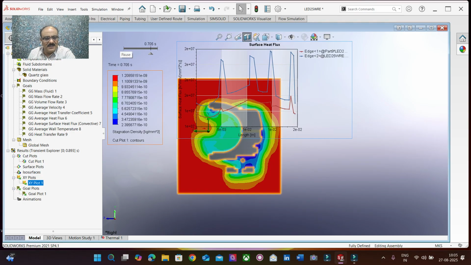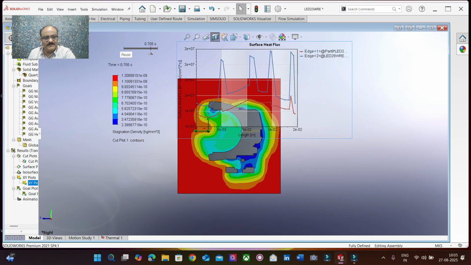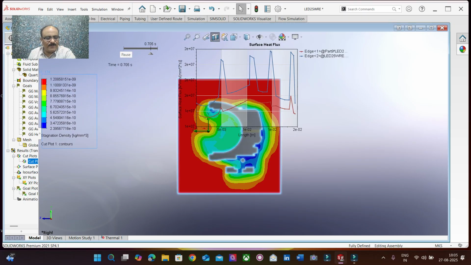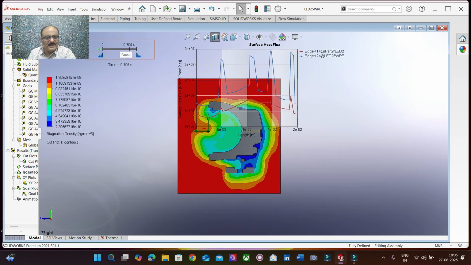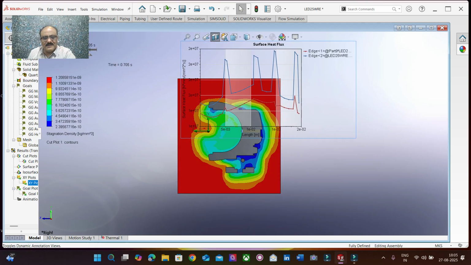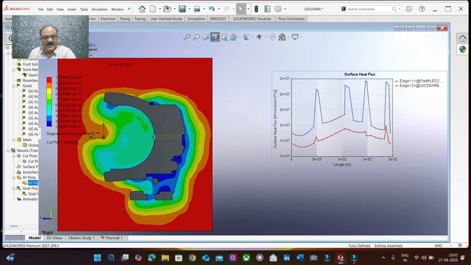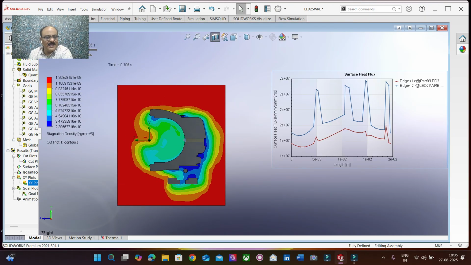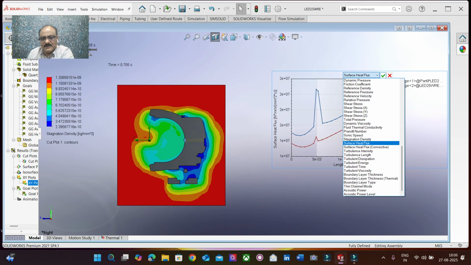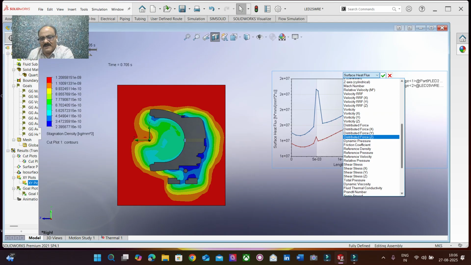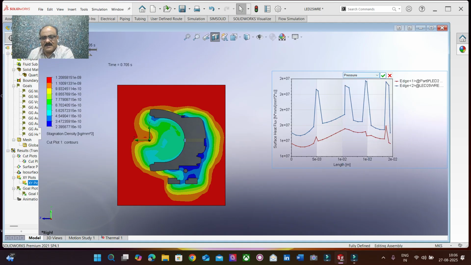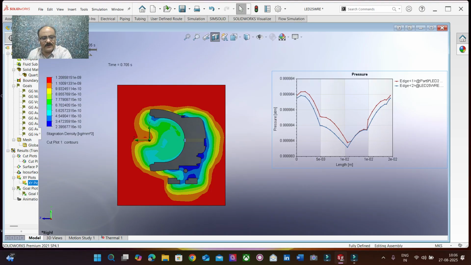One is the graphical process where we have plots and simulations, etc. And the other one is a graphical representation where we have the x, y, z axis, and we can also see how the parameters vary with respect to the axis. So here let's start from the pressure. This is the pressure flow.